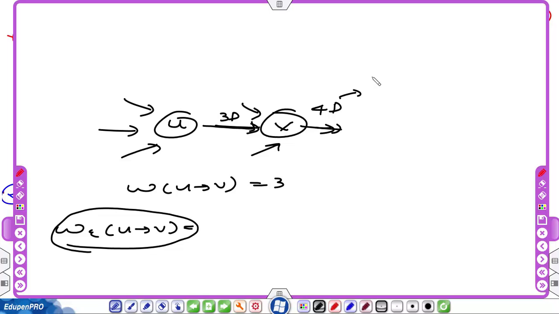So suppose if I remove two delay elements from this edge, the new weight will be 2d. This much amount of delay element I have to add to all the incoming edges. So this will be 2d, this will be 2d, and this will be 3d plus 2d, that is 5d.